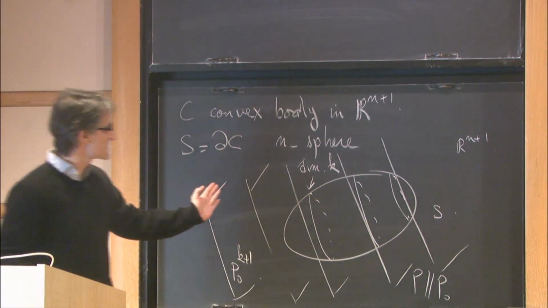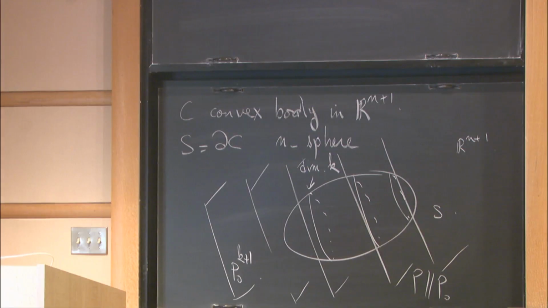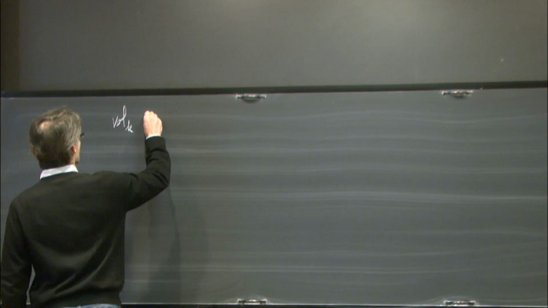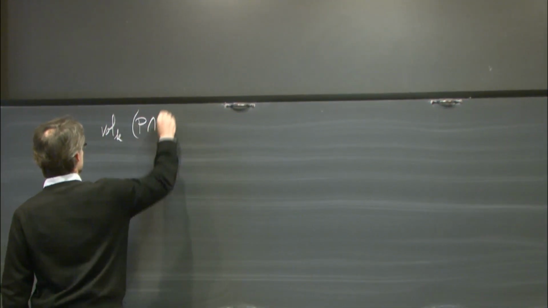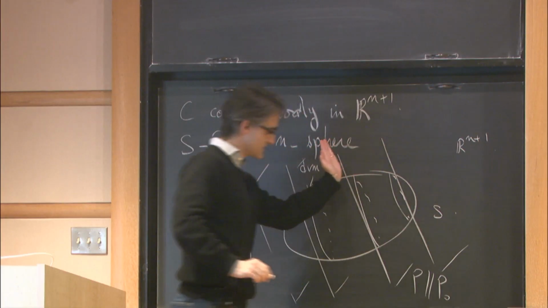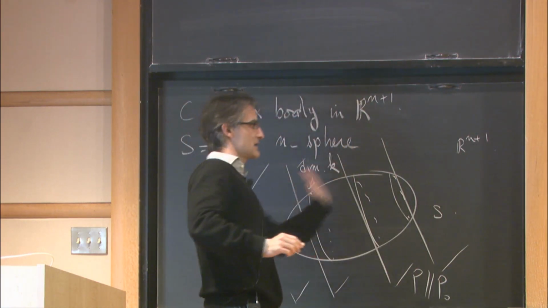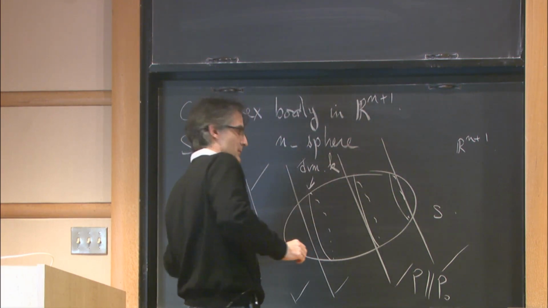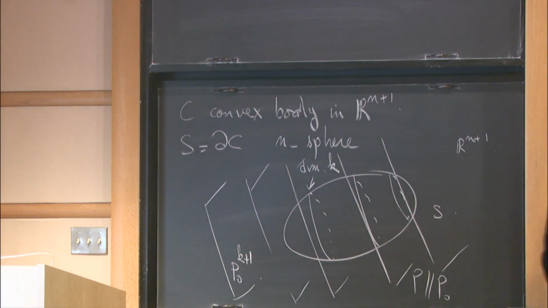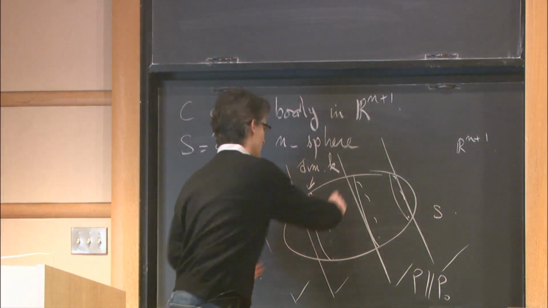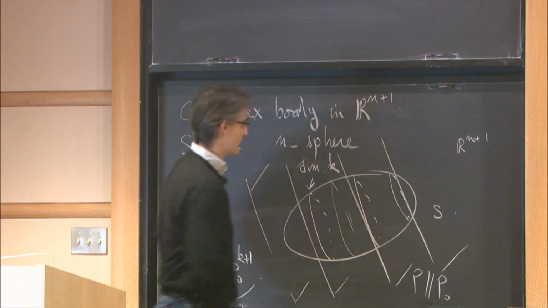What I want to do is look at the k-dimensional volume of the intersection of one of these planes P with the sphere. And I take the supremum of this volume over P parallel to P0. So here I get a sort of thick part there.